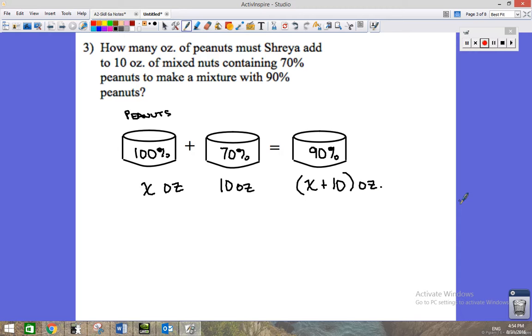Okay, so just like last time, we take the concentration times the weight. 100%, I move the decimal point over two places. That's just 1 times x. This 70% is 0.7 times 10. And here 0.9 times x plus 10.